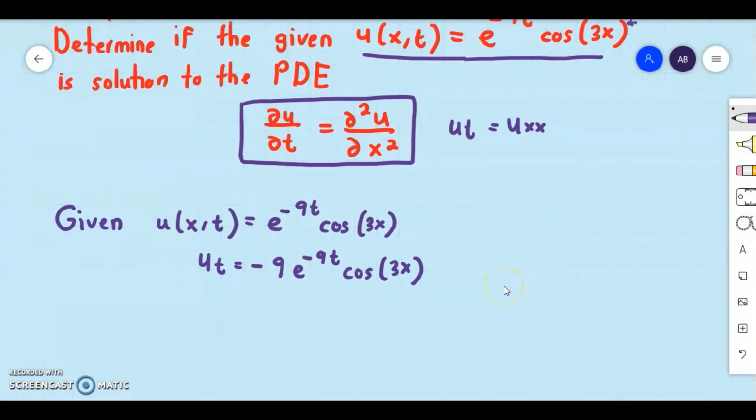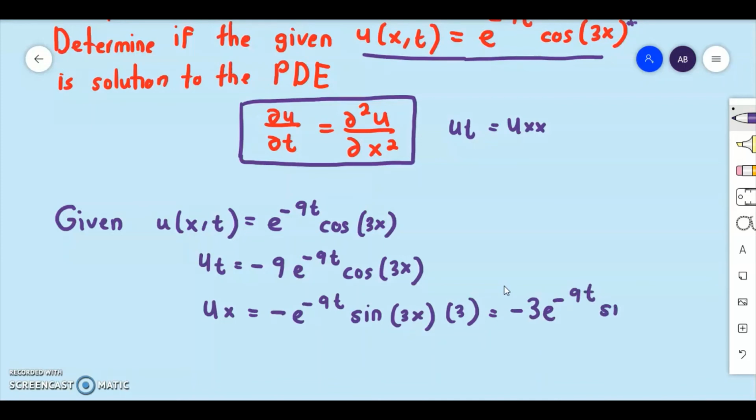And then this u, differentiate with respect to x. The e to the negative 9t will be a constant here because I'm differentiating with respect to x. So cos will become negative sine, and don't forget my 3x here will give me 3. So that will give me negative 3 e to the negative 9t sine 3x.